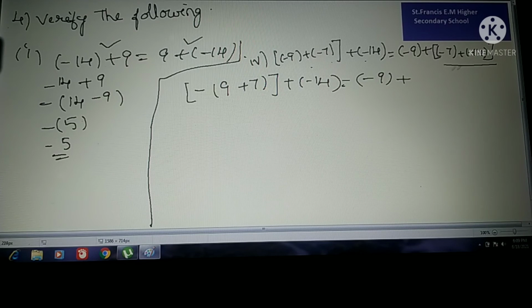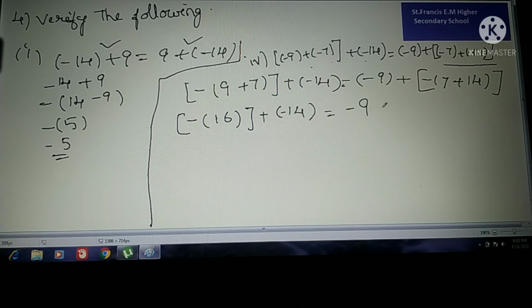First I am doing this side. Here also I am taking the minus out, so this 7 will become plus 7, minus 14 will become plus 14. Now it will be easier for us. Minus as it is, 9 plus 5 will be 16, plus of minus 14. And on this side minus 9 plus of minus of 7 plus 14 will be 21.